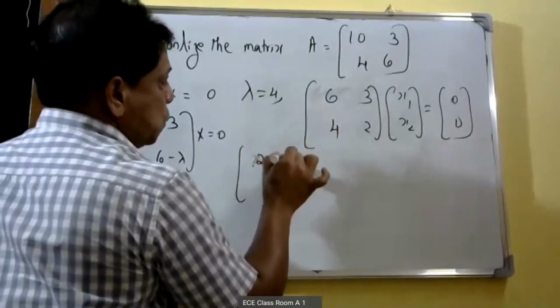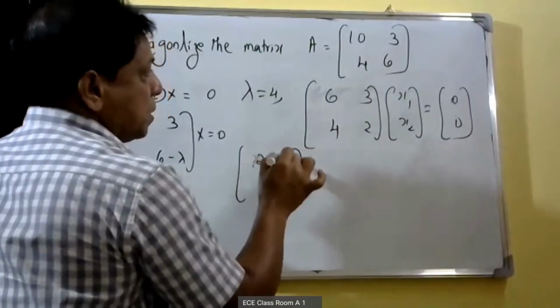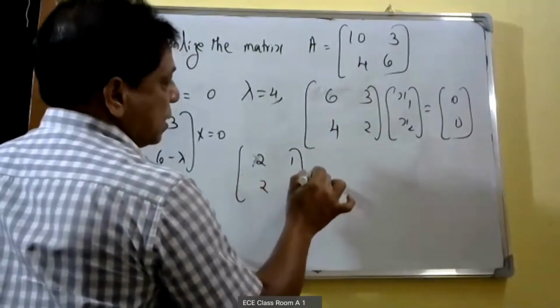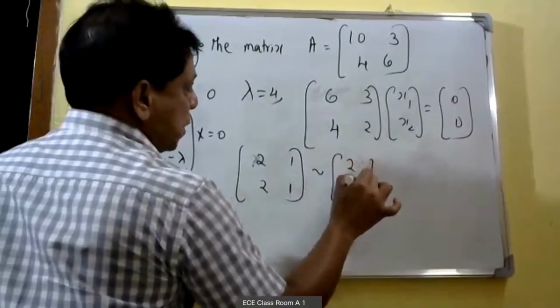Dividing by 3 in the first row gives 2, 1, and dividing by 2 in the second row gives 2, 1. That is equivalent to [2, 1; 0, 0].